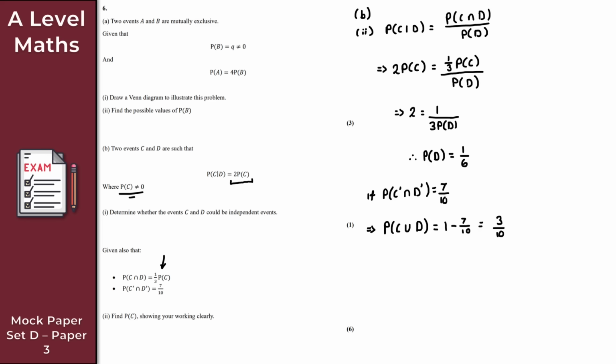Okay. And at this point, we're pretty much there now, right? So what I'm going to do here is just use the addition formula. Hopefully I should have just about enough room here. It's looking pretty tight.